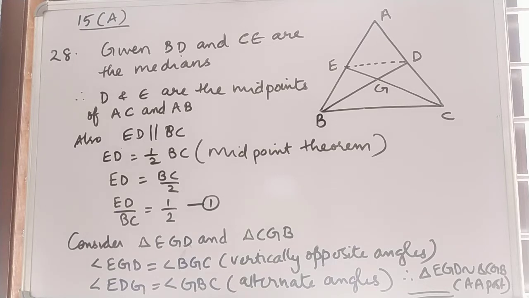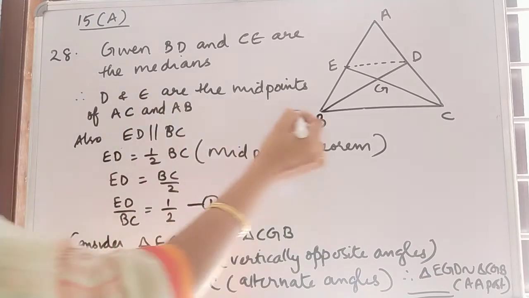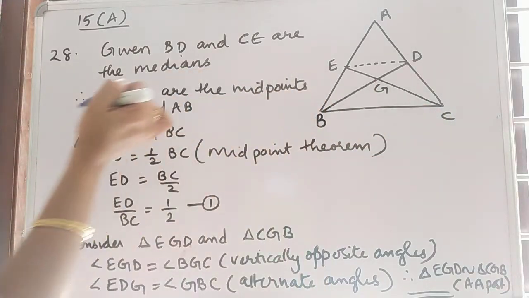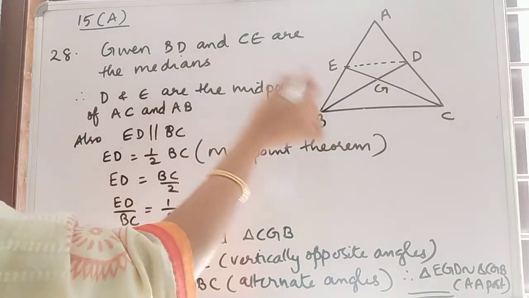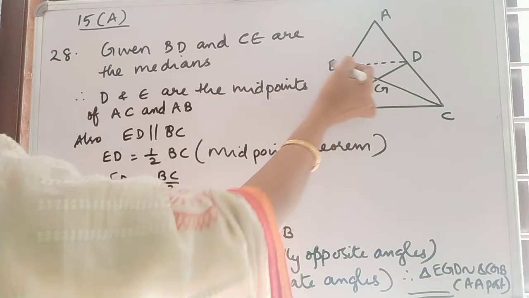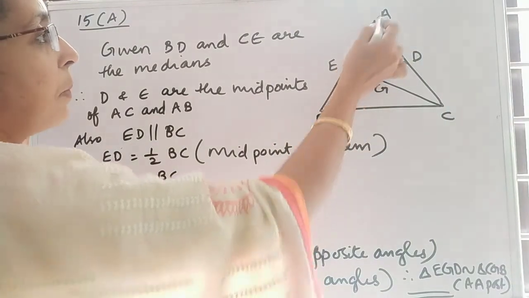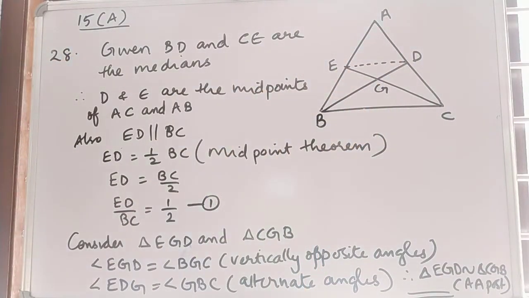So D and E are the midpoints. Since BD and EC are the medians, D and E are the midpoints of AC and AB. D is the midpoint of AC and E is the midpoint of AB.